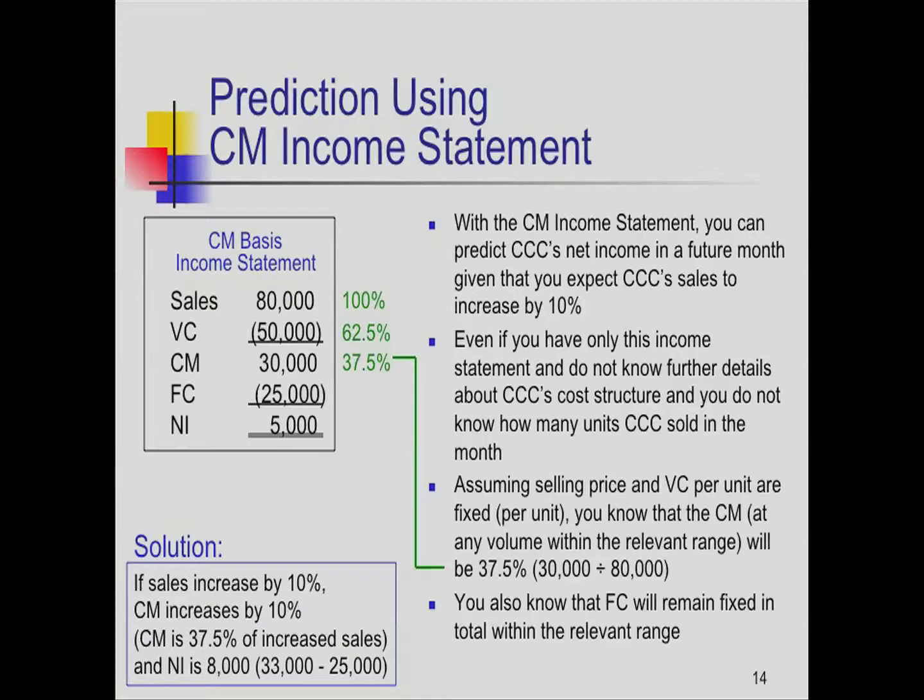In other words, contribution margin goes up by 10%. No change in total fixed cost. So there you go. I can come up with my new net income, which is going to be an additional $3,000, or it's not going to be $8,000. So income goes up $3,000, not 10%, which would be $500. It goes up a lot more. Interesting.